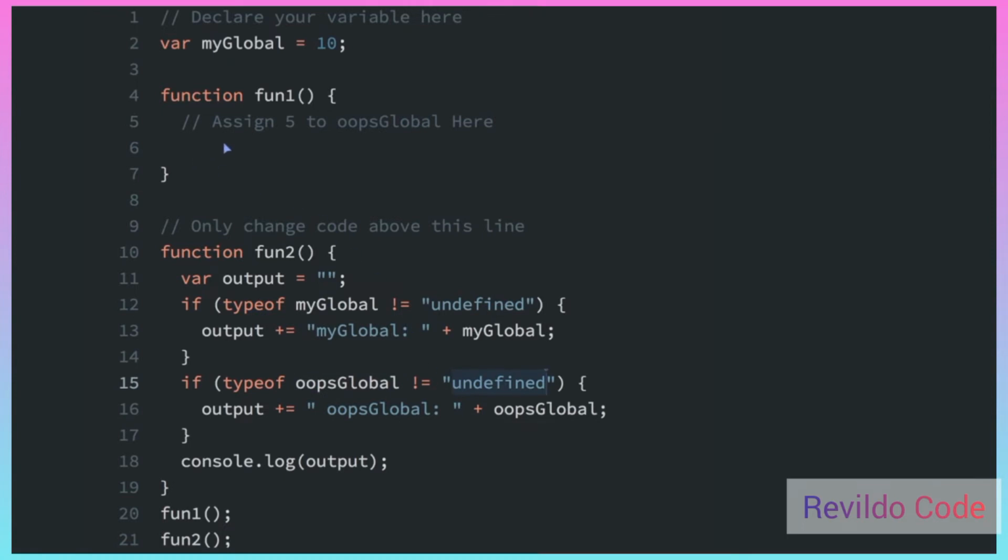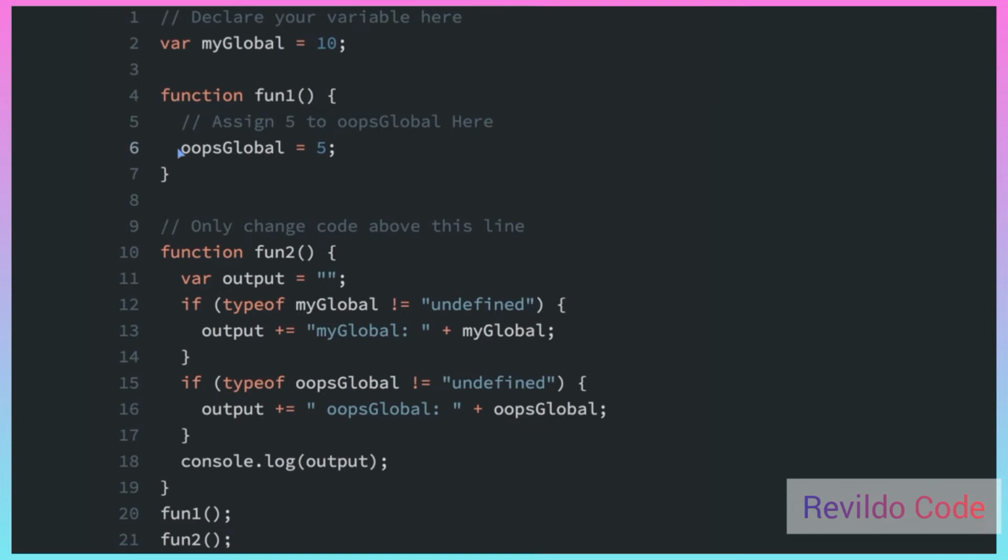Well, we're going to set that here. So it is possible to set a variable without using the var keyword. So I'm going to set this to oopsGlobal equals 5.